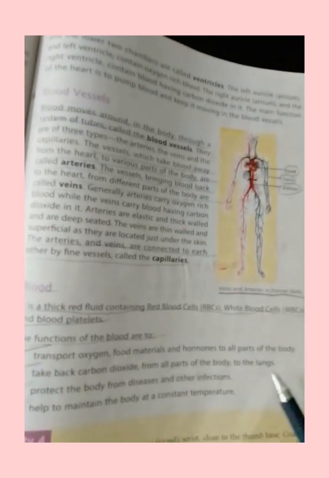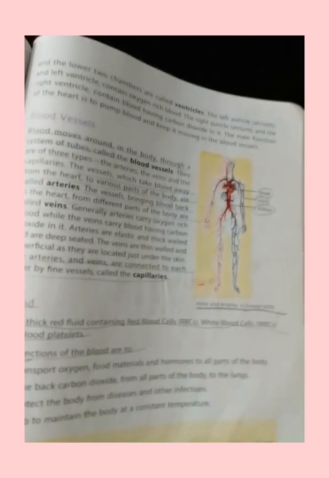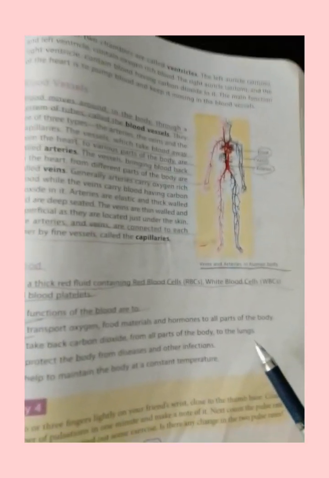In the lungs, blood is actually purified, where oxygen enters the blood and carbon dioxide is removed. Blood gets oxygenated in the lungs, which are the major organs of the respiratory system, as we have studied earlier.